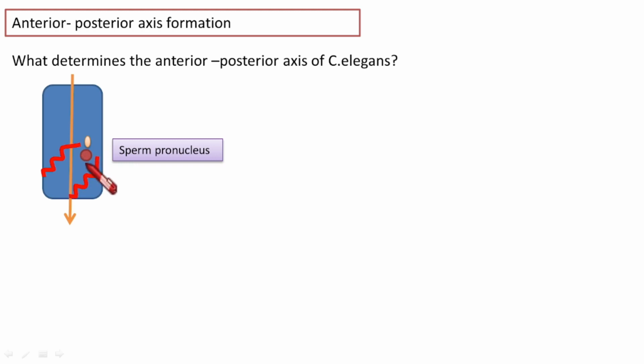The sperm pronucleus moves and it occupies a place that is the nearest oblong end. That end will be occupied by the sperm. And that end where the sperm is positioned becomes the posterior pole and the other end will become the anterior pole. Okay.